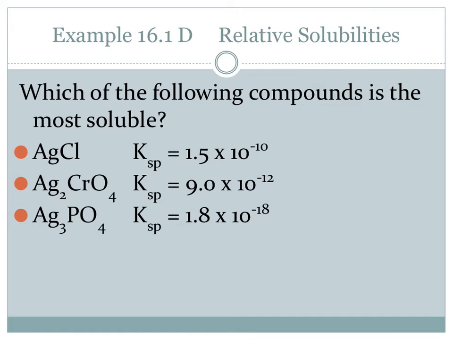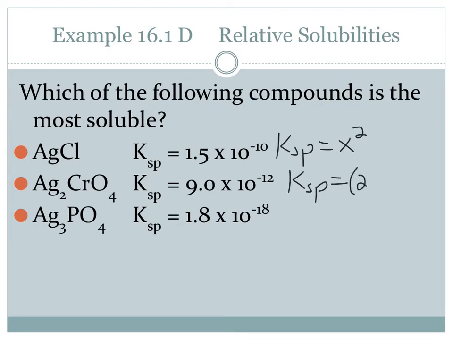So I'm going to simplify these. You can go through the ICE charts and justify them. This Ksp, watch what happens, is going to be X squared. The silver chromate Ksp is going to be 2x squared for the silver and a chromate.